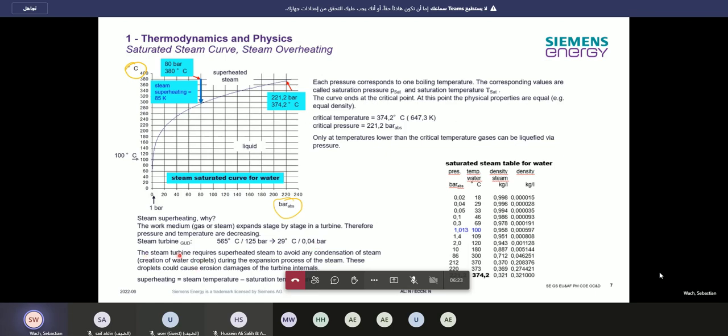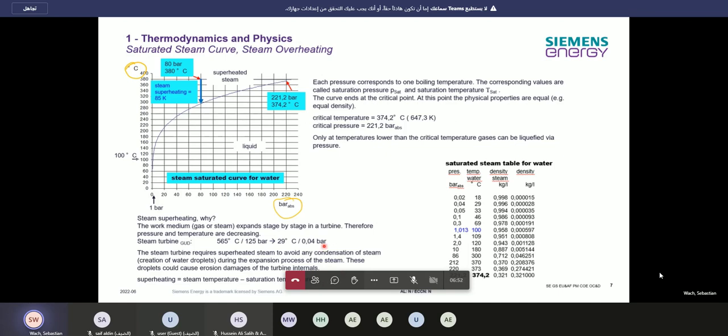So the steam turbine requires superheated steam to avoid any condensation of steam. Condensation of steam is the creation of water droplets during the expansion process of the steam, and these droplets could cause erosion and damage to the turbine internals. And the superheating is steam temperature minus saturation temperature.